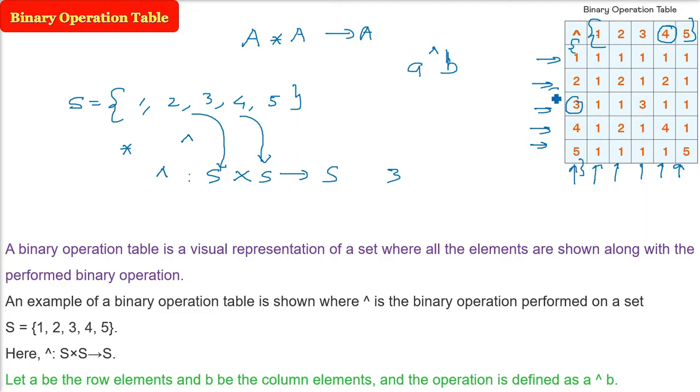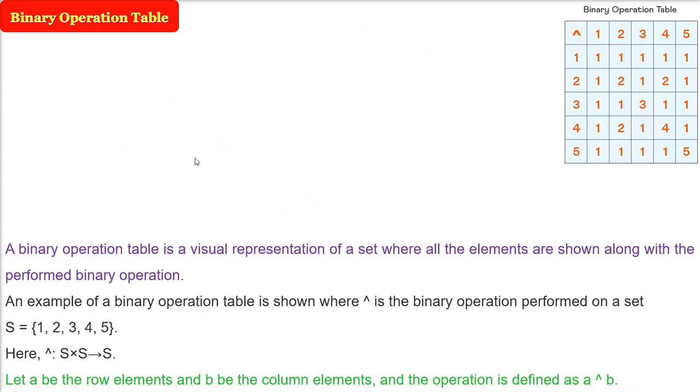So we are picking a value A, in this case I'm taking 3. We are taking a value 4, which is B. So just take the vertical and horizontal intersection point. This is 1, which is the resultant. And please remember, 3 cap 4, or 3 operation 4, is equal to 1, and 1, 3, 4, they all belong to the same set.